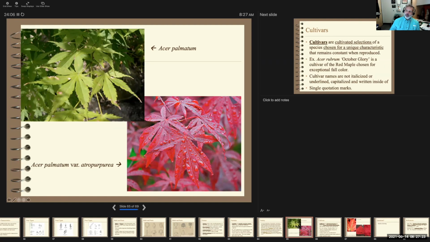Acer palmatum, we know that means it's a Japanese maple, and it's given this var designation, which is a variety, and it's been called Atropurpurea, which basically just means that it has red or purple leaves. And so there are different types of varietals that you can find, but they are naturally occurring variants within the species.